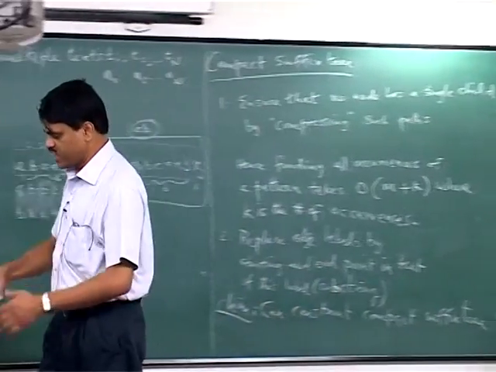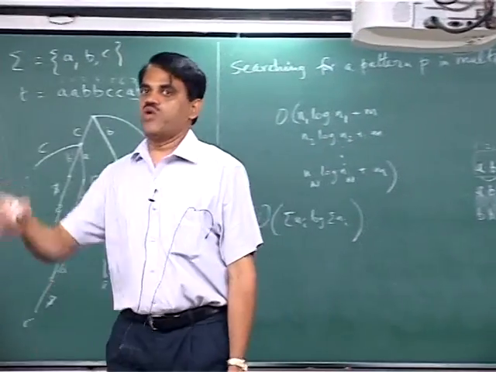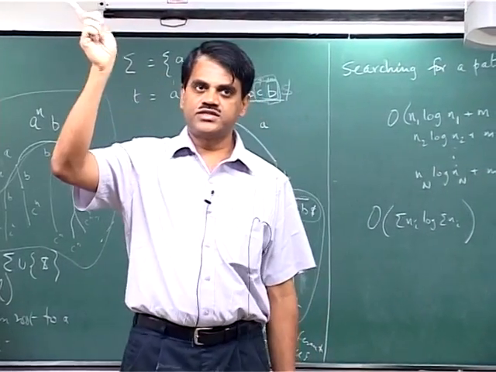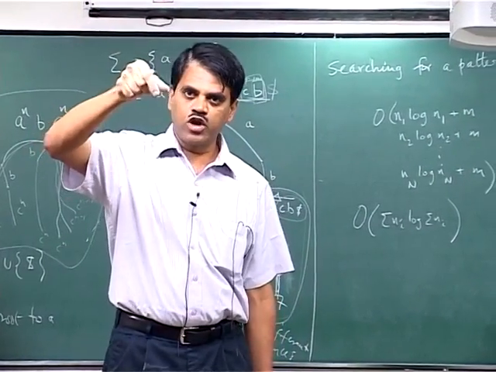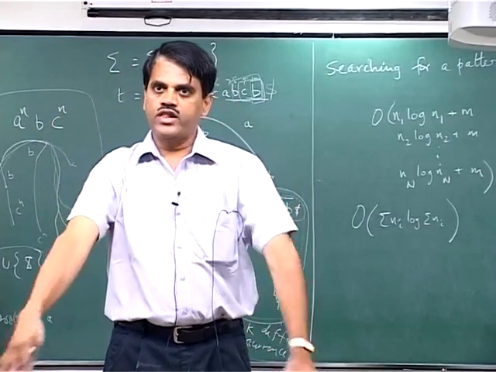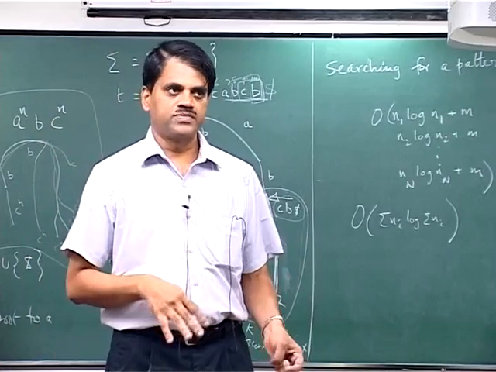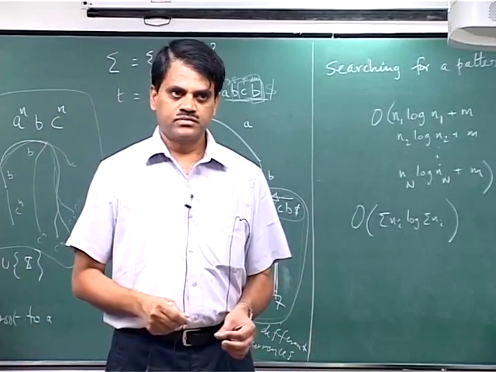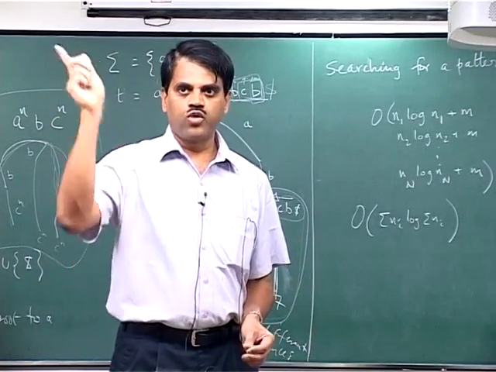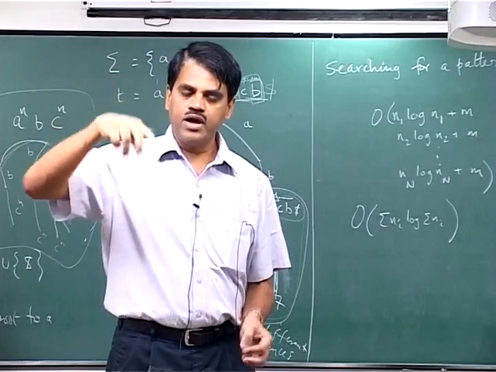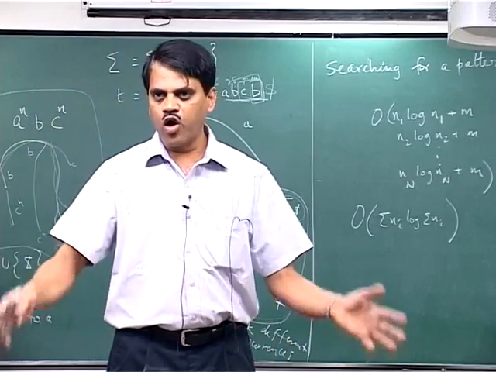So after you construct this whole thing, now I read this pattern, it takes me to a node, and I go to all the leaves there, and these leaves will tell me where all this pattern is occurring. Okay. So I spend time proportional to only m, plus some more to figure out all the occurrences.